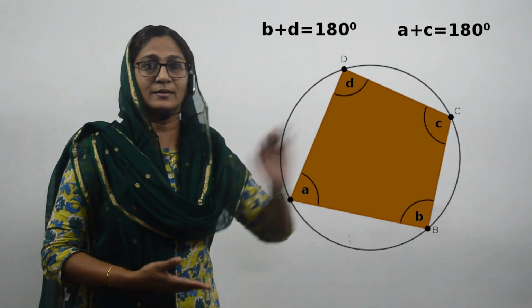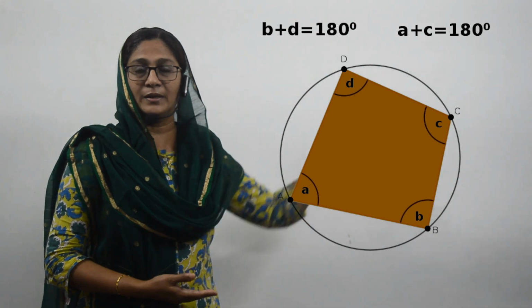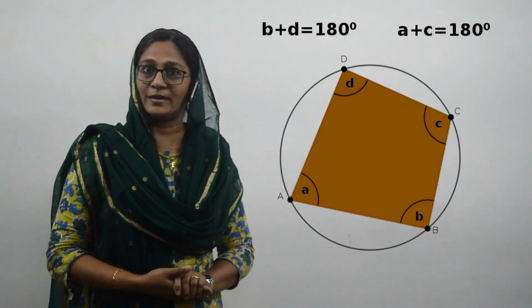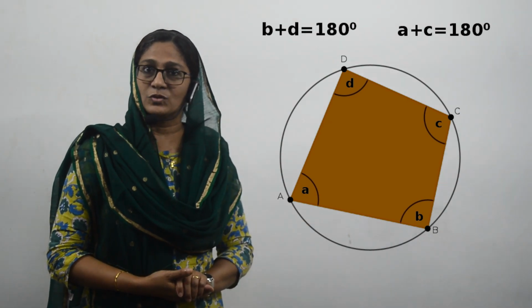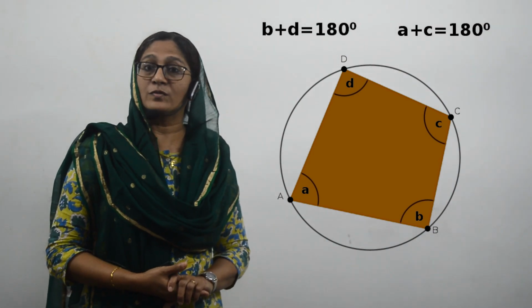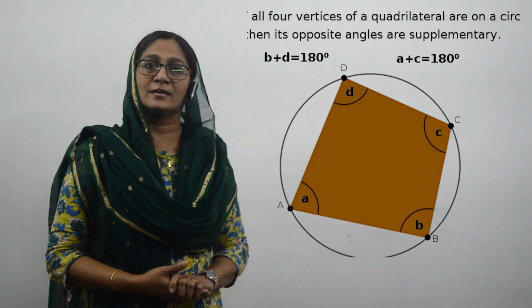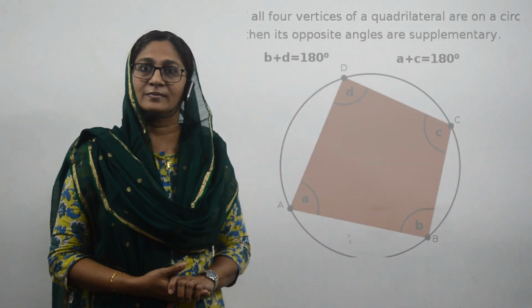Angle A plus angle C will be 180 degrees. Angle B plus angle D will be 180 degrees. So, note the result once again. If all four vertices of a quadrilateral are on a circle, its opposite angles are supplementary.